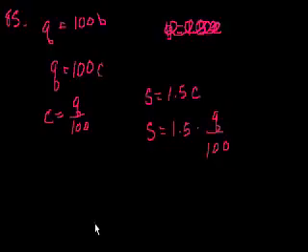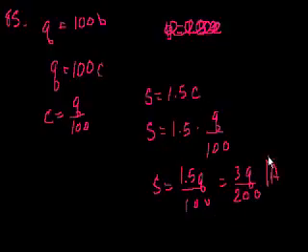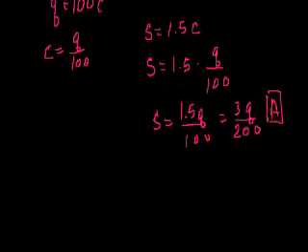So selling price is equal to 1.5 Q over 100. I don't expect to see that as a choice, but if we multiply the top and the bottom by 2, that equals 3Q over 200. 3Q over 200, that's choice A. Gotta make sure you get your variables right in that one.